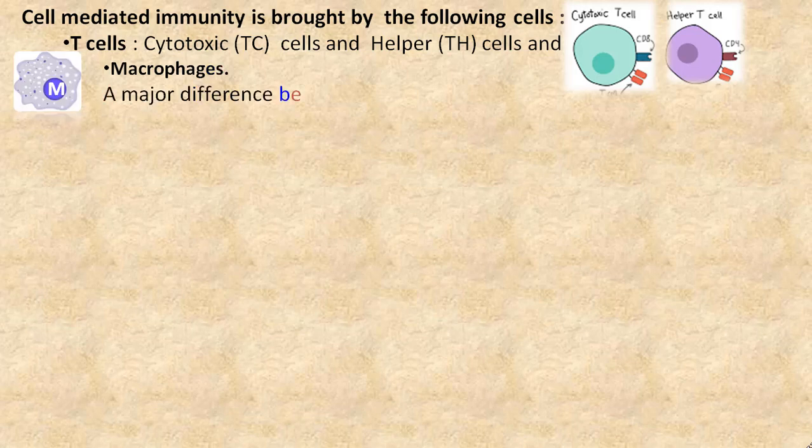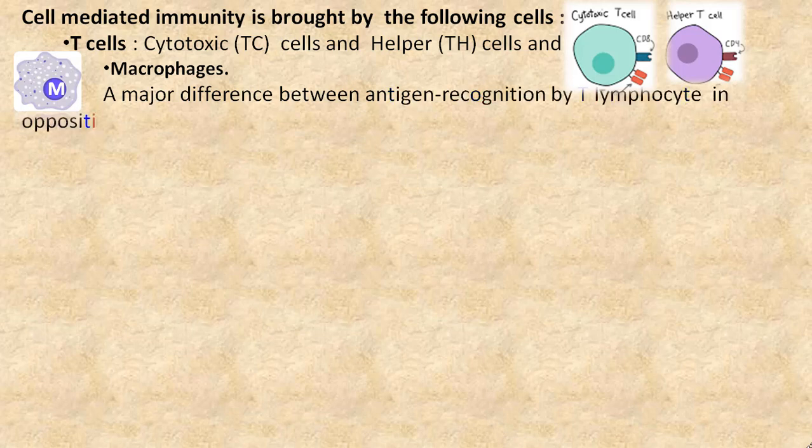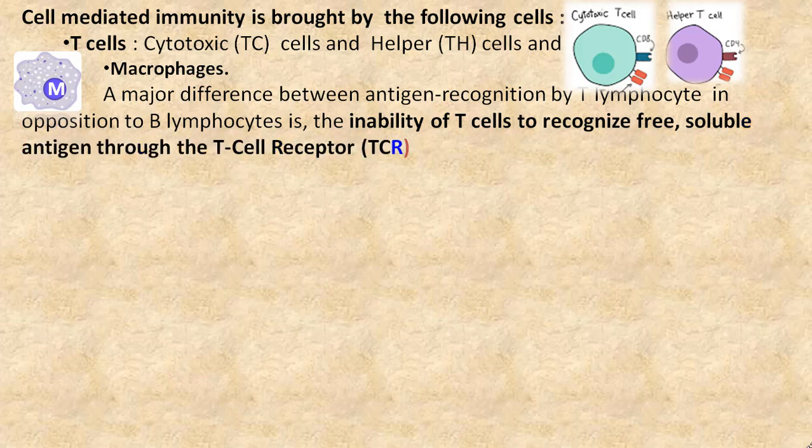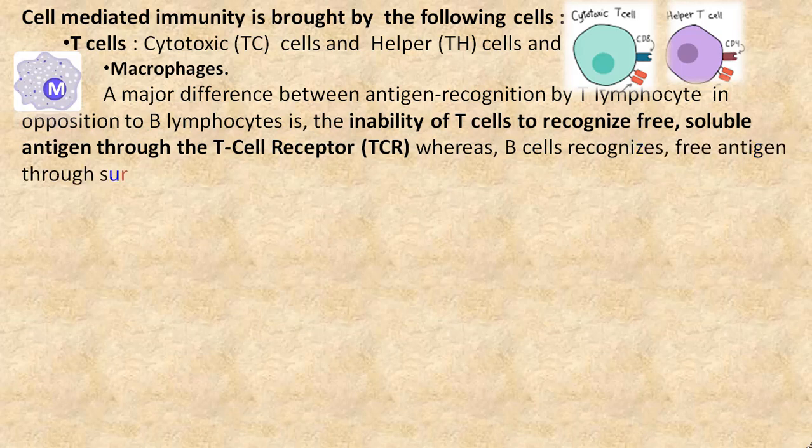A major difference between antigen recognition by T lymphocytes in opposition to B lymphocytes is the inability of T cells to recognize free soluble antigen through the T cell receptor, whereas B cells recognize free antigen through surface immunoglobulin.